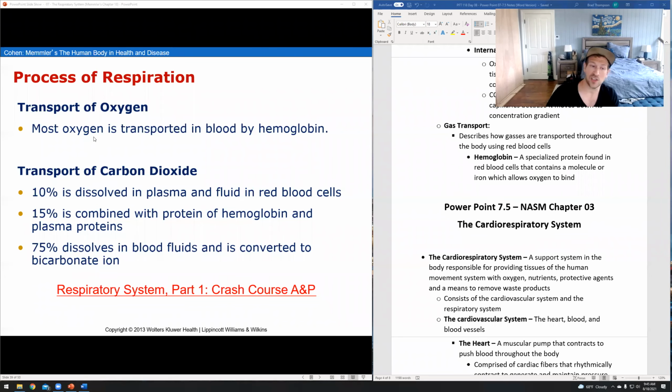And then we also need to transport carbon dioxide around. Some of it is dissolved in the plasma of your blood itself. Plasma is the fluid portion. Some of it is combined with hemoglobin. Hemoglobin can also carry CO2 as well.